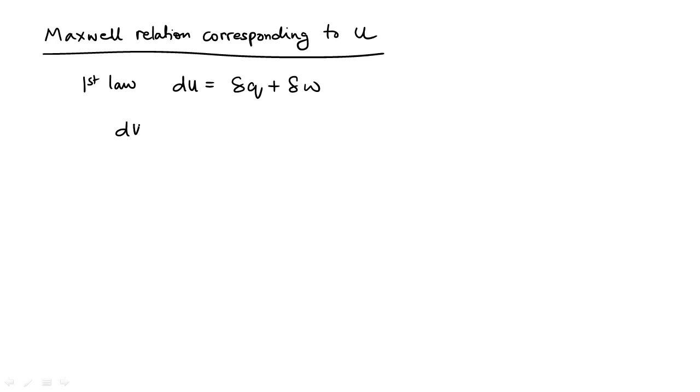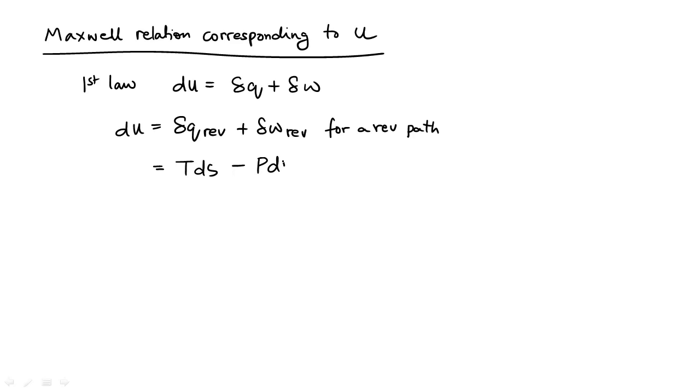So dU is equal to delta Q reversible plus delta W reversible for a reversible path. Now we can write delta Q reversible as T dS and delta W reversible as minus P dV.